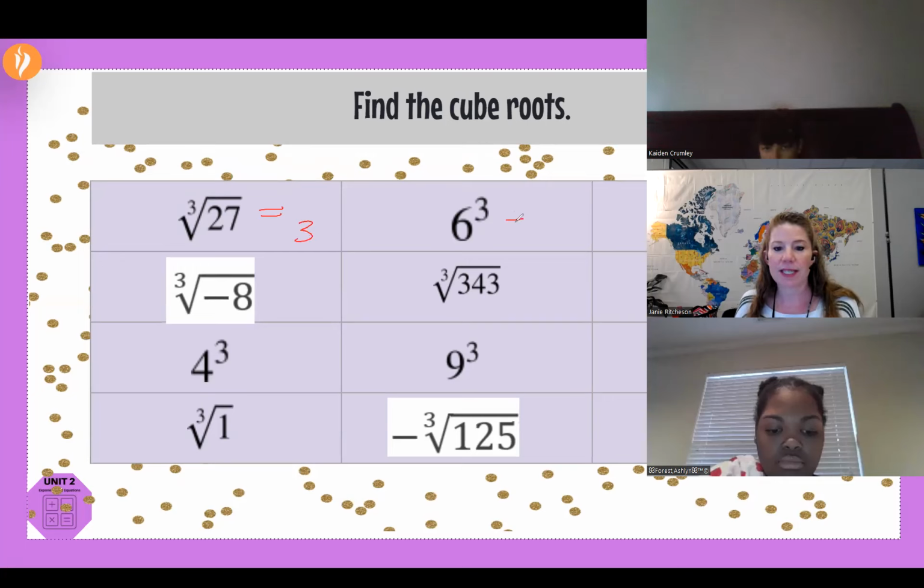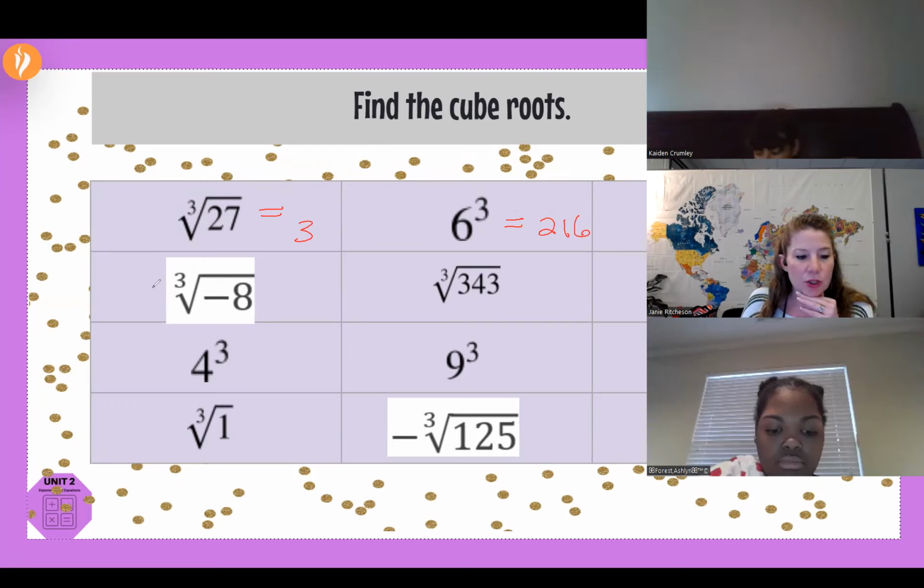What about the second one? What is 6 cubed? 216, that's exactly right. What is the cubed root of 125? We just did that earlier, didn't we? 5 is the right answer.